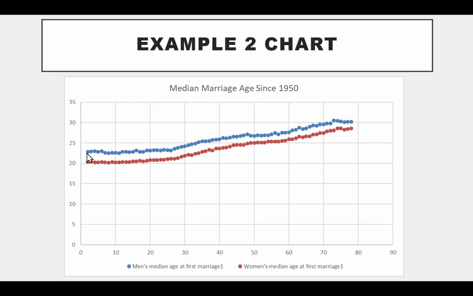So it looks like with first marriages, people are getting older and older. Let me rephrase that. People are getting married at older ages, but this trend may level off at some point. It may even go back down at some point. So that's the idea.